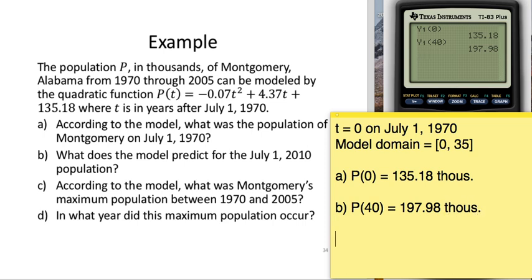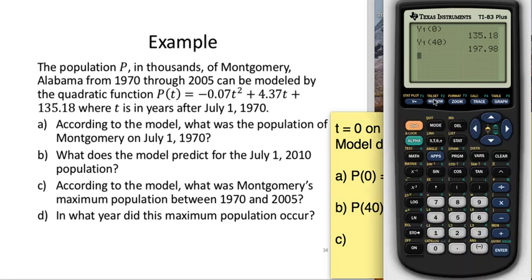According to the model, what was Montgomery's maximum population between 1970 and 2005? That's on its domain. What's the maximum population? Well, let's first graph this model on the interval from 0 to 35, the model domain. So x min 0, x max 35, and run zoom fit to let the calculator take care of the output axis.